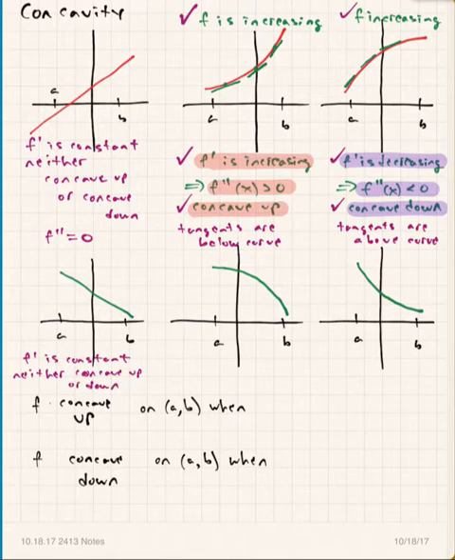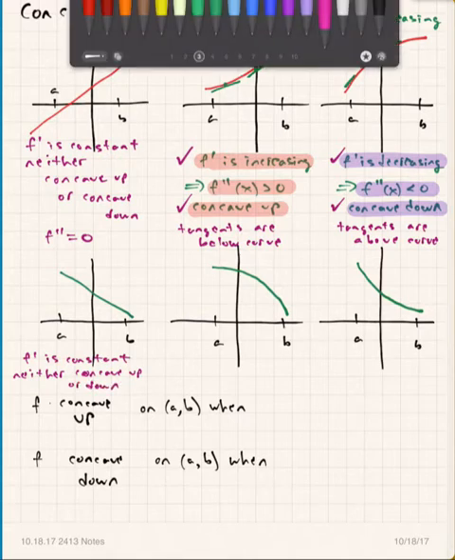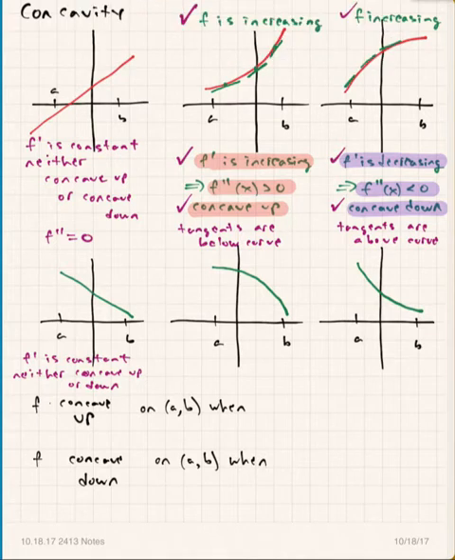On the second graph, what do we have? I'm going to put this in a different color to see if it'll stand out a little bit. We've got that f itself is decreasing. And what do we see about the derivatives? Well, if you look at the way these tangent lines are slanted, they're all slanted down, they're all negative, but they're getting to be bigger and bigger negative numbers as you move from left to right.